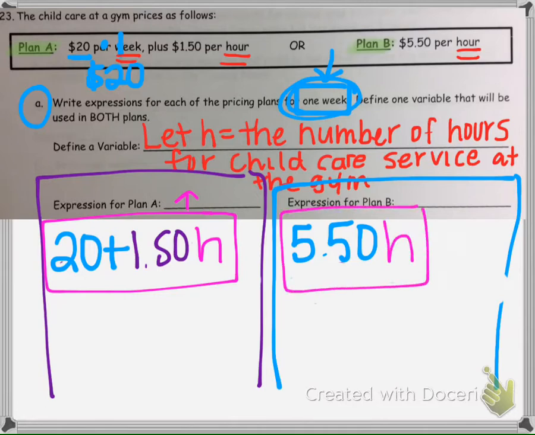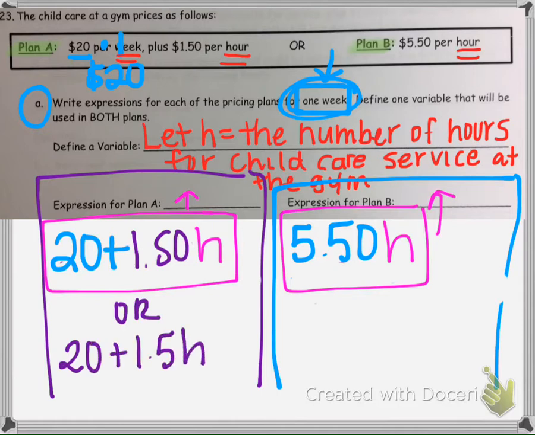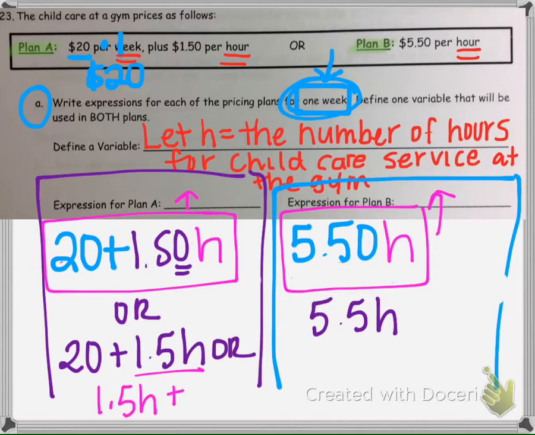So this is our expression for Plan B. We could also write this as 20 plus 1.5h because when we're dealing with decimals we don't need a zero. Same thing here, we can write it as 5.5h. Another option is we could also put this first, so we could write 1.5h plus 20.